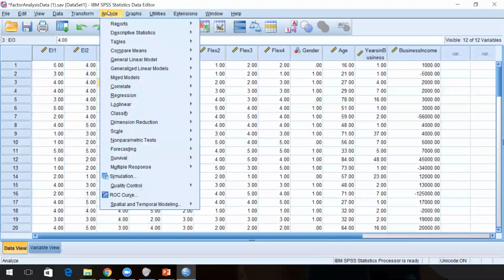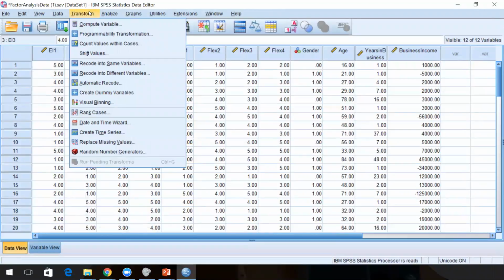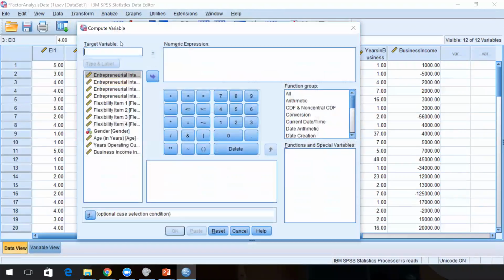All right, so this tells us that we can start combining stuff. And I'm going to do a compute variable, and I'm going to create an entrepreneurial intensity measure. I'm going to create that by just summing all the measures together. Plus, you can hit plus on your keyboard. You can also average them, but I'm just going to add them together.